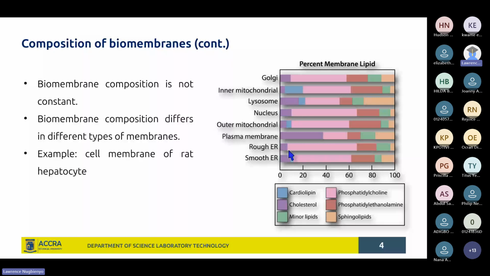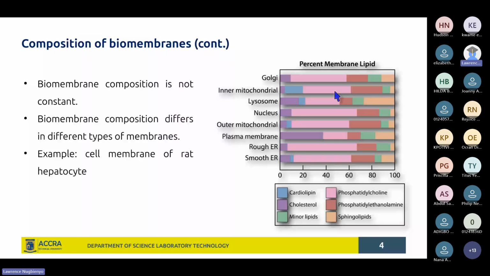The same organelle, just some difference of attachment of another organelle there, and you see that there is a difference in the composition of the lipids in the membranes. Lysosome and the nucleus, all of them have different compositions. So this is something you can quickly look at and appreciate the fact that the lipid compositions are not the same.